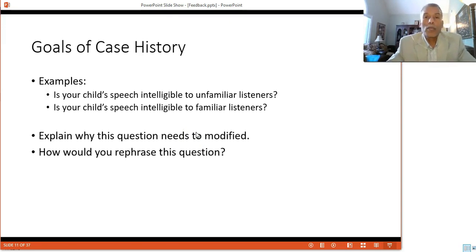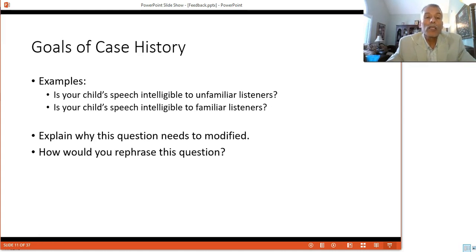So let's look at some examples of case history questions. Why are they not appropriate, and why are others appropriate? For example: is your child's speech intelligible to unfamiliar listeners? Now, why is this question not good?